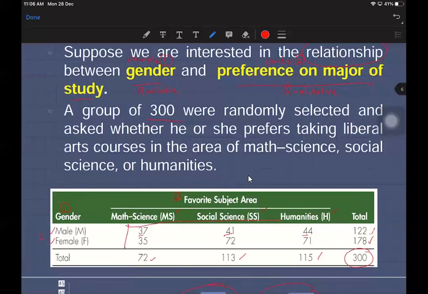All the figures here are what we call observed value, or observed frequency.